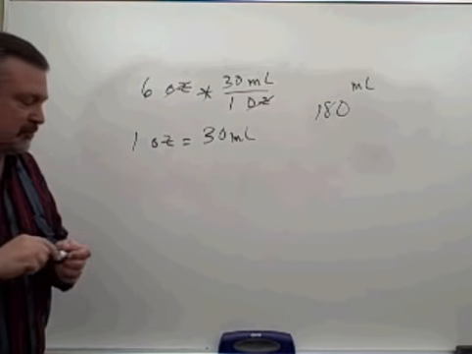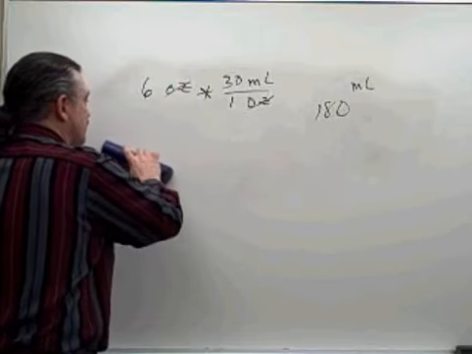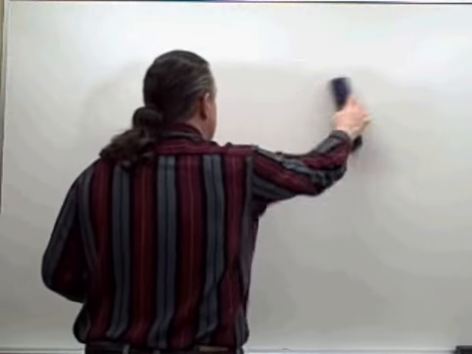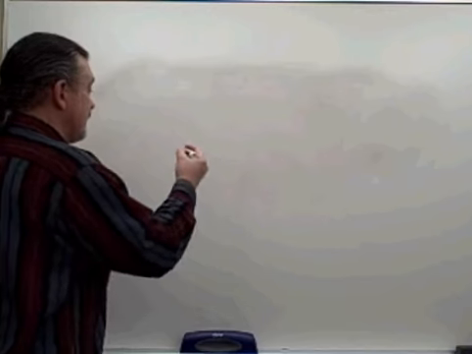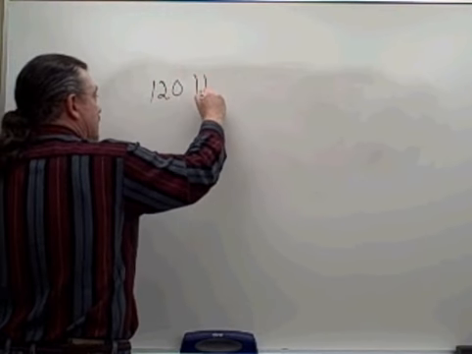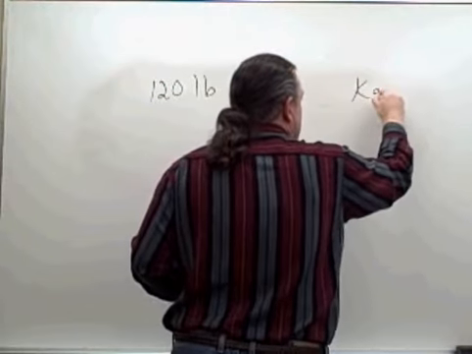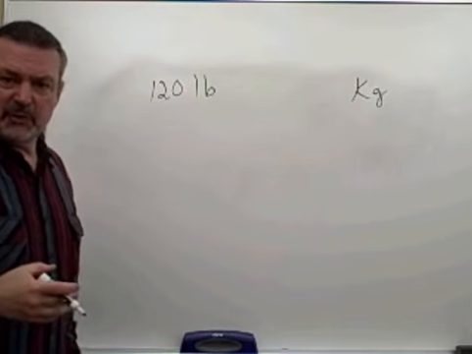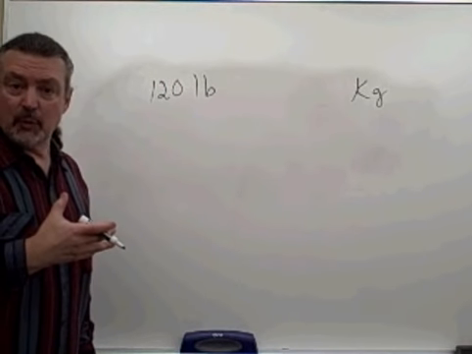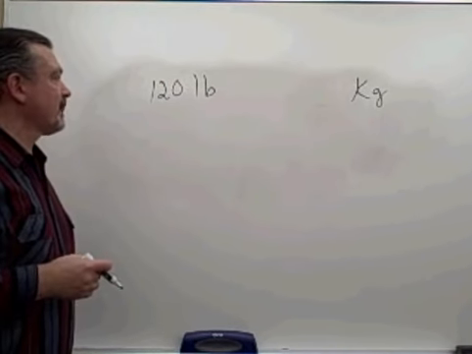Let's look at problem 2 as another example of converting between the systems of measurement. Problem 2 says convert 120 pounds to kilograms. So we want to convert 120 pounds to its equivalent if we were measuring using the metric system for weight, the kilogram.